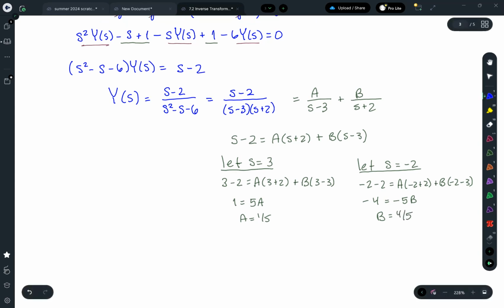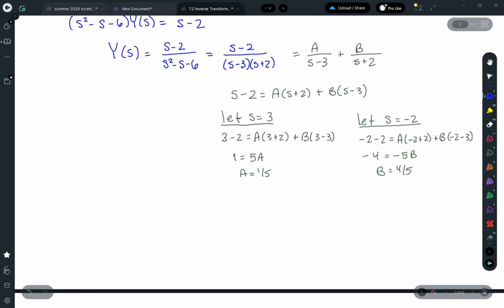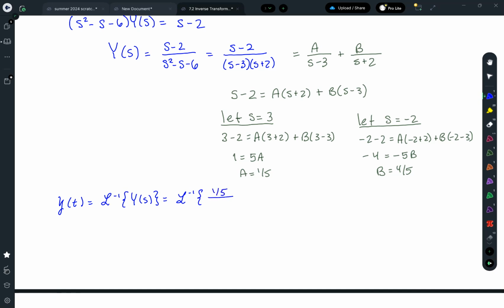Okay, that means that little y of t is equal to the Laplace inverse of big Y of S, which can be written as the Laplace inverse of 1/5 over S minus 3 plus 4/5 over S plus 2.